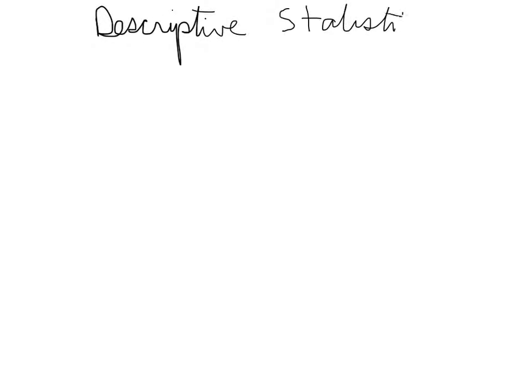Now I'm going to talk about the two types of statistics that we'll be working with in this class. The first one is descriptive statistics, and the second one is called inferential statistics.